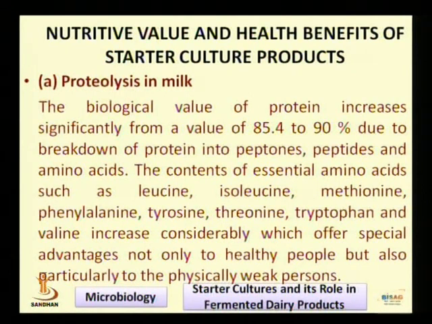The contents of essential amino acids such as leucine, isoleucine, methionine, tyrosine, tryptophan, etc. increase considerably, which offers special advantages not only for healthy people but particularly for physically weak persons.